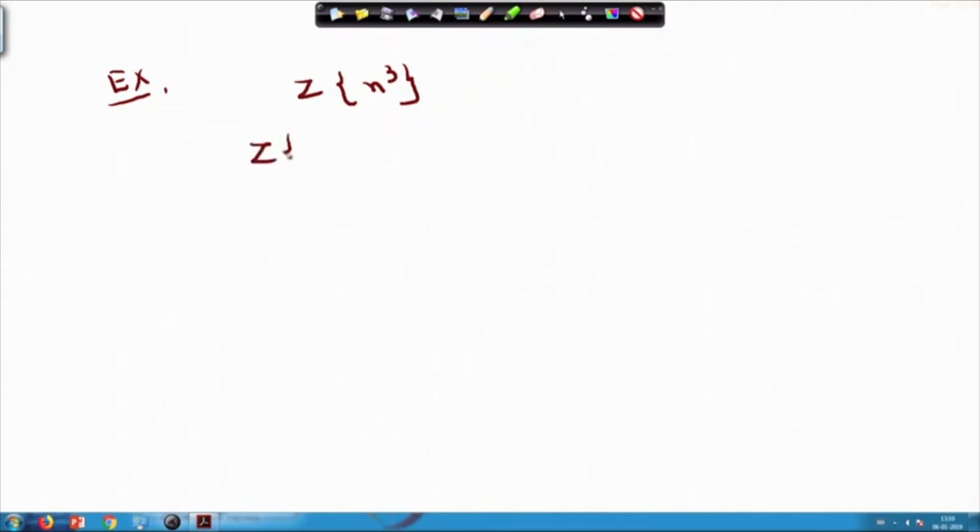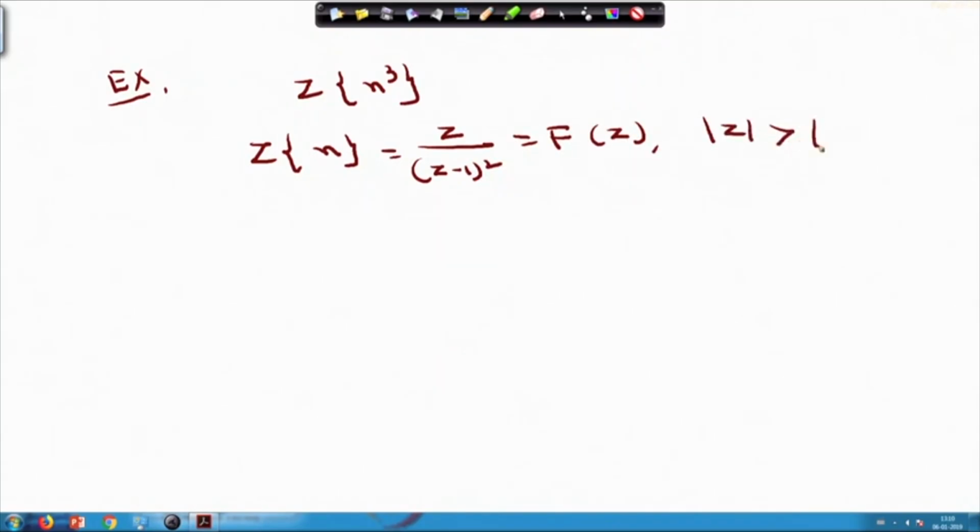We already know that the Z transform of n is z by z minus 1 whole square. Say this equals capital F z, and modulus of z is greater than 1. We did this in the last lecture itself.